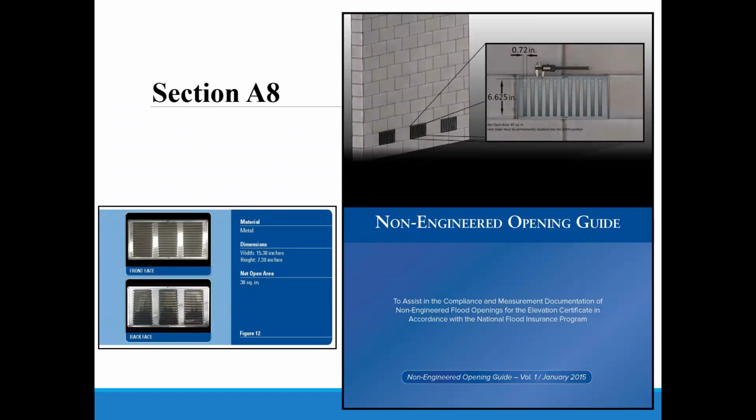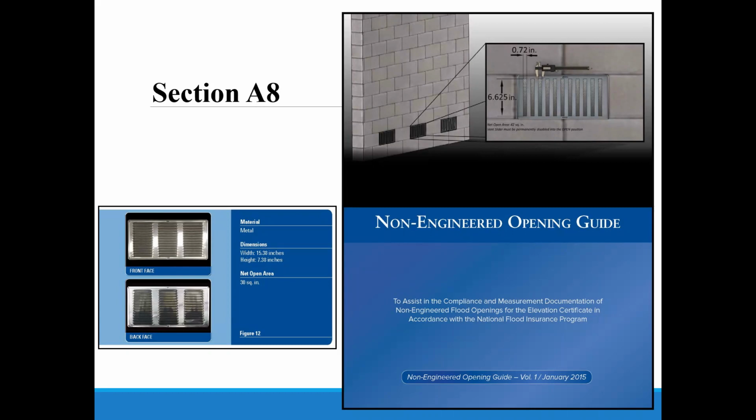So the flood opening information on the elevation certificate goes into Section A8, and we have this really handy non-engineered opening guide. And so I can get you an electronic copy of this. We're not able to get any more hard copies, unfortunately, because these are really nice to just hand out to people, but maybe you could print it off or something.